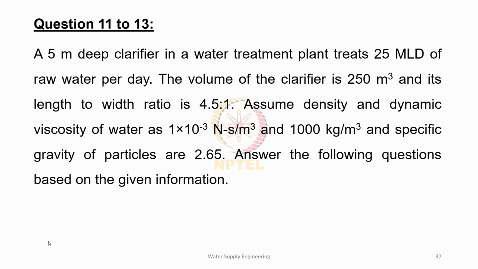Assume dynamic viscosity and density of water as 1 into 10 raised to minus 3 Newton second per meter square and 1000 kilogram per meter cube, and specific gravity of particles is 2.65. Answer the following questions based on the given information.